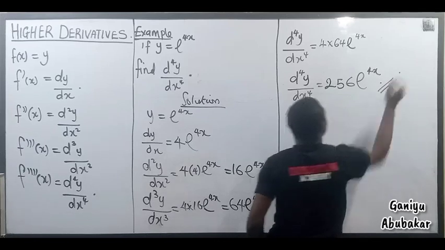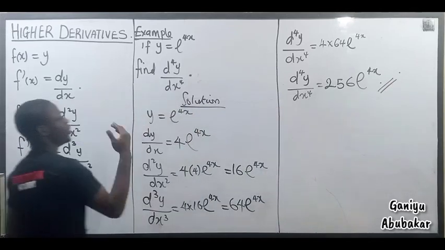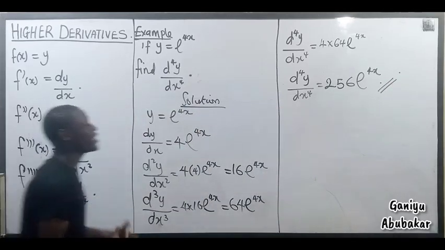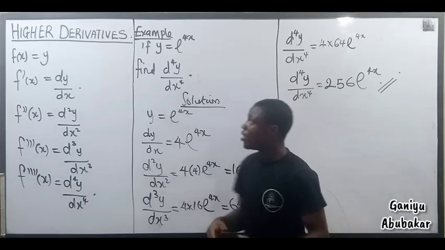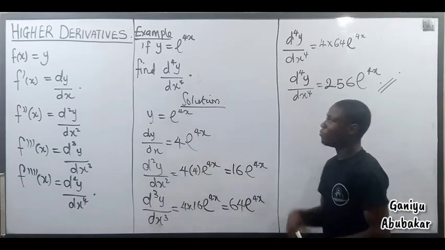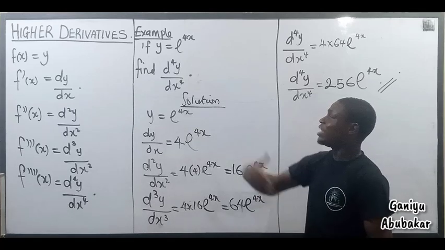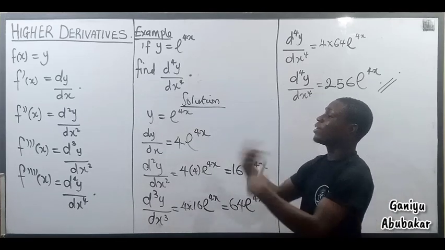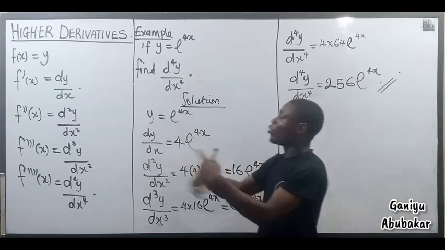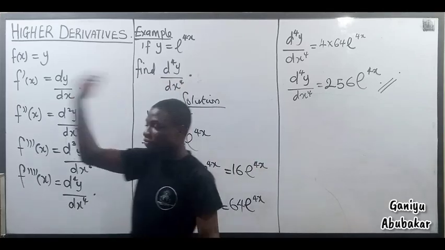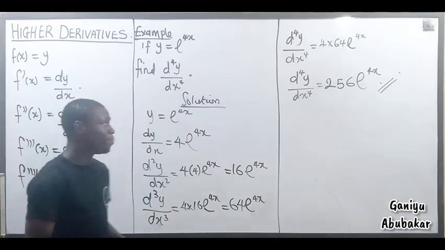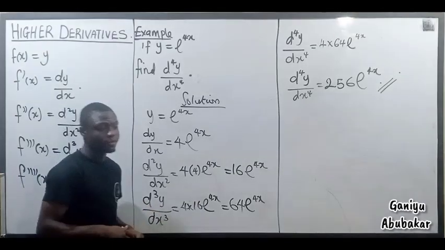So that's my answer after solving this one. That's the concept behind higher derivatives. So know that for higher derivatives, you differentiate something twice or thrice or 4 times, 5 times, and the likes.